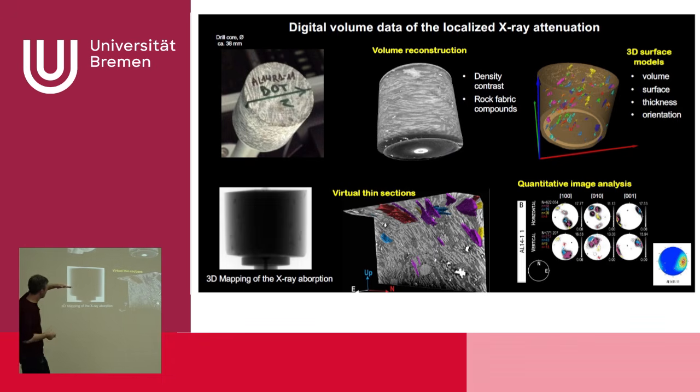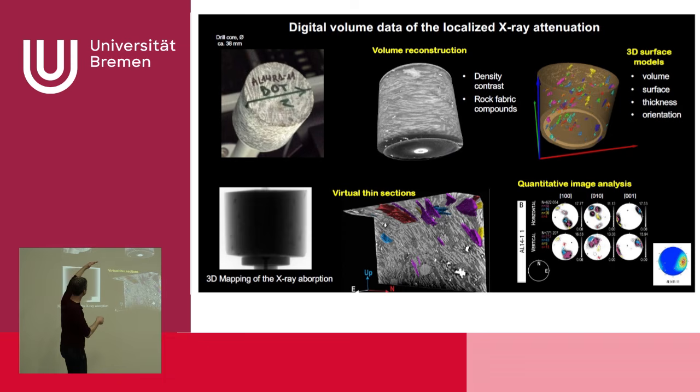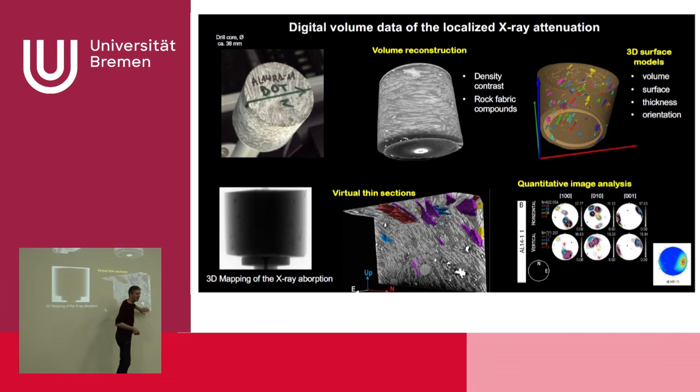We can also perform virtual thin sections here. And then I can start, because we see these are very bladed minerals here. If I pick several of them and make a 3D model of those, we see they have orientation. And this is something also for you.